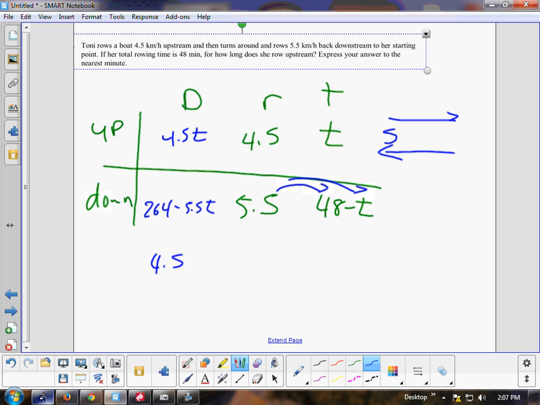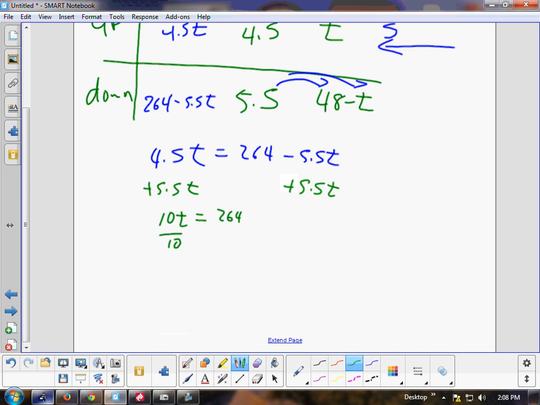So we're going to take these two and set them equal to each other. We're going to solve for t by adding 5.5t to both sides. We get 10t equals 264. Divide by 10, and you get t equals 26.4. And that's minutes, so approximately 26 minutes.